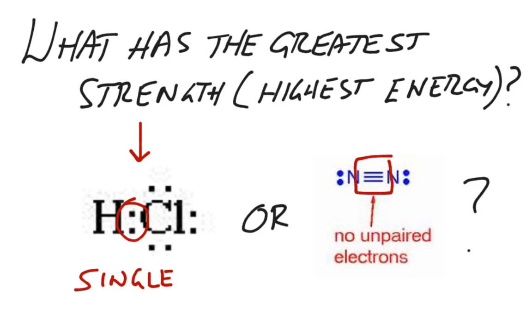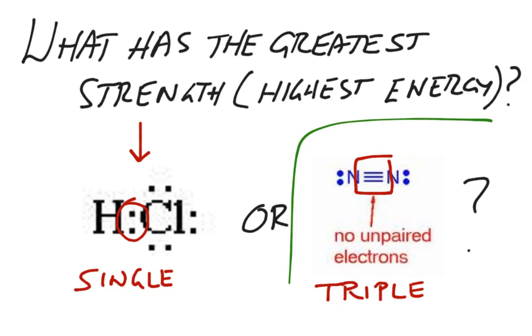We have 3 lines. 3 lines represents a triple bond. According to the information we just learned on the previous page, the greatest strength, or the one that would require the greatest energy to break apart, would be this one over here. It's a quick summary of Lewis dot structures. We'll be working with these through several activities in class.